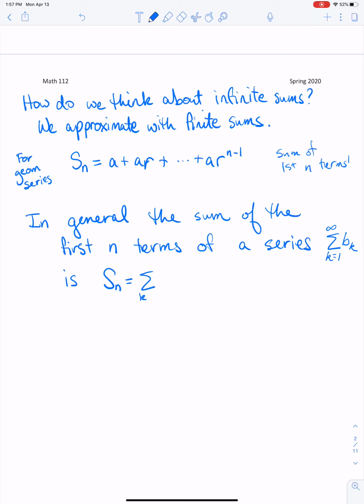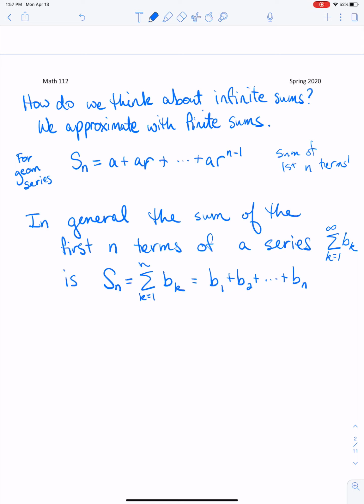finite sum. So this would be the sum from 1 to n of b sub k, right? And this will be equal to b sub 1 plus b sub 2 plus dot dot dot all the way up to b sub n. Okay, and what we want to do is think about what happens as n gets large.